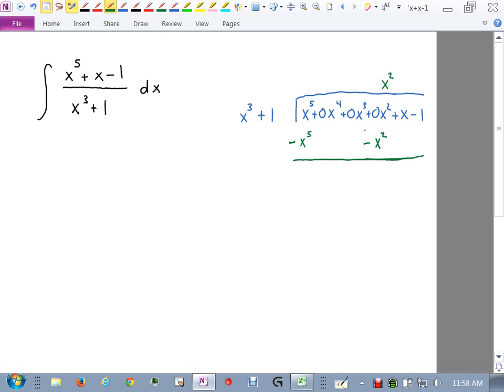So what are we left with? Negative x squared plus x minus 1. Can I keep going? No, the power here is less than here. I'm done. This is my remainder. So my new integral is going to be x squared plus the remainder over the divisor.